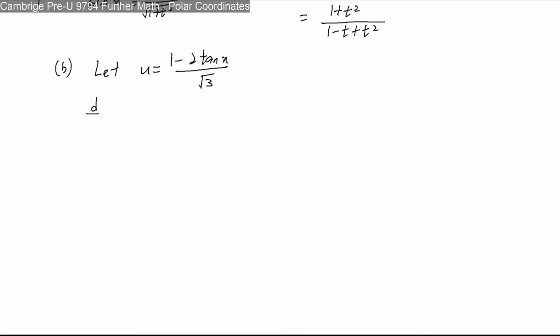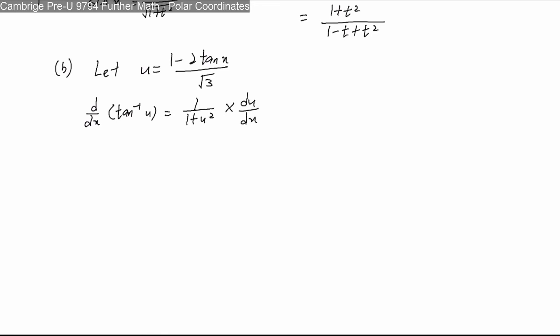If we want to differentiate arctangent u with respect to x, this is dy/du times du/dx, basically by using the chain rule.